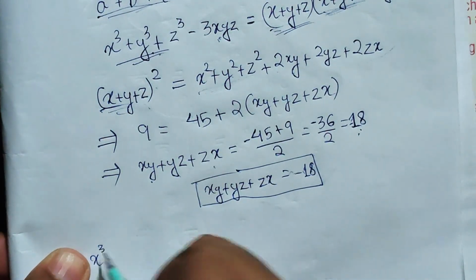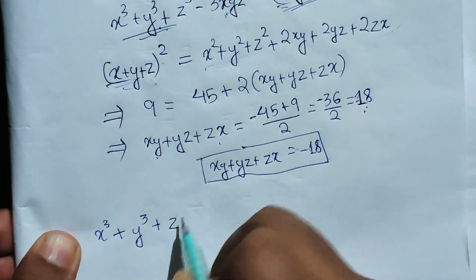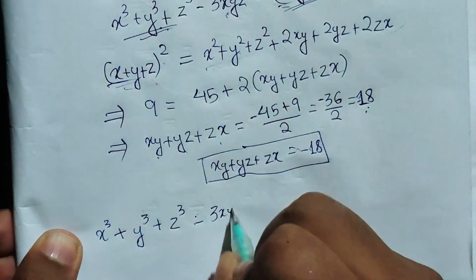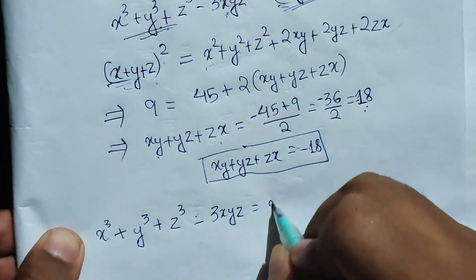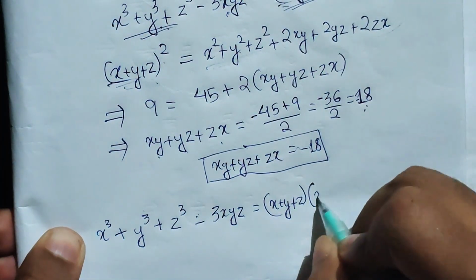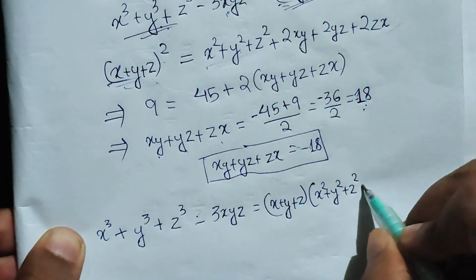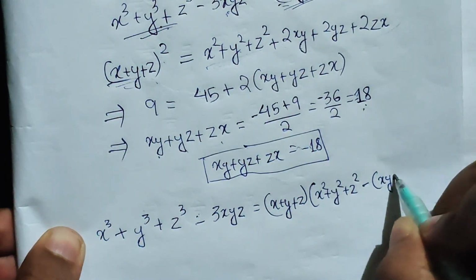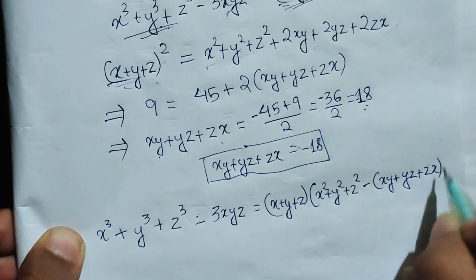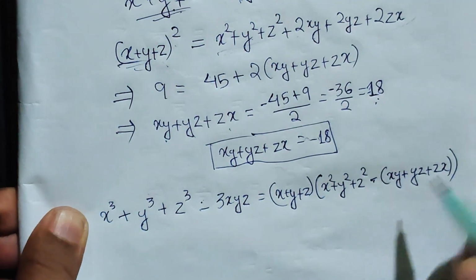So we have x cube plus y cube plus z cube minus 3xyz equals x plus y plus z multiplied by x square plus y square plus z square minus of xy plus yz plus zx. Okay, so you can write it like this by taking the negative term common.